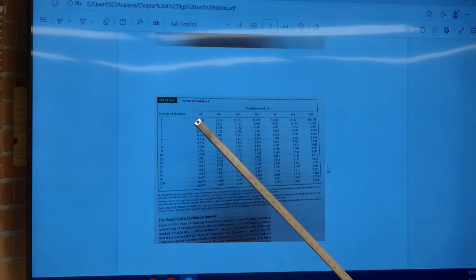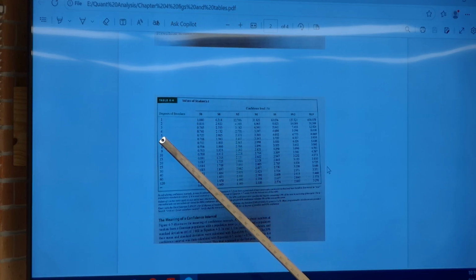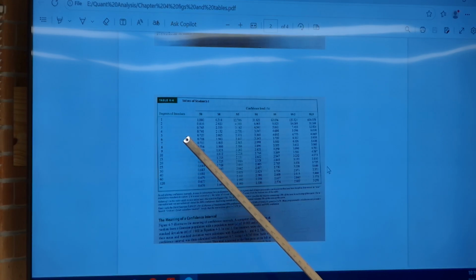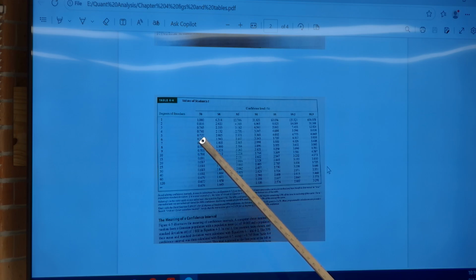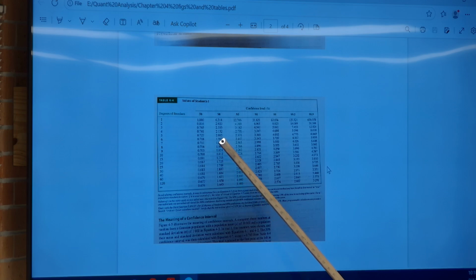So if this is 50%, and the degree of freedom is 5, that means you measured 6 times, 6 minus 1 is 5. So with degree of freedom 5 and 50% confidence level, the t-value is 0.727. If we increase to 90%, then the t-value is 2.015.